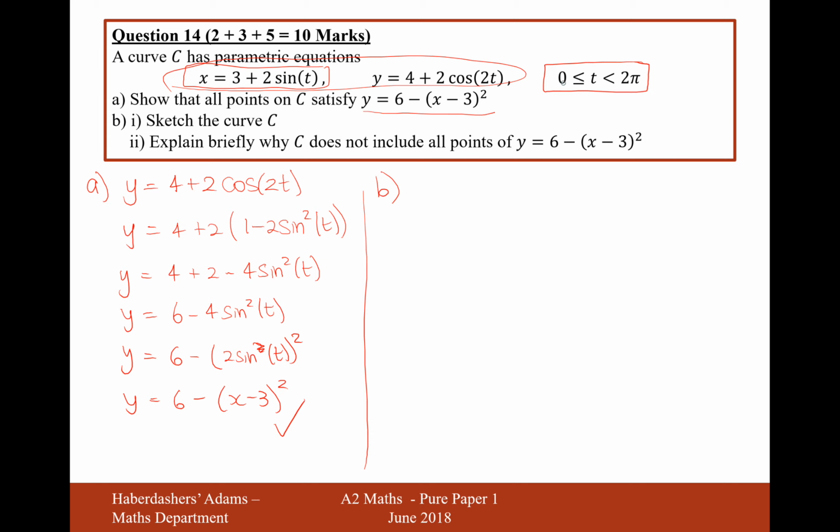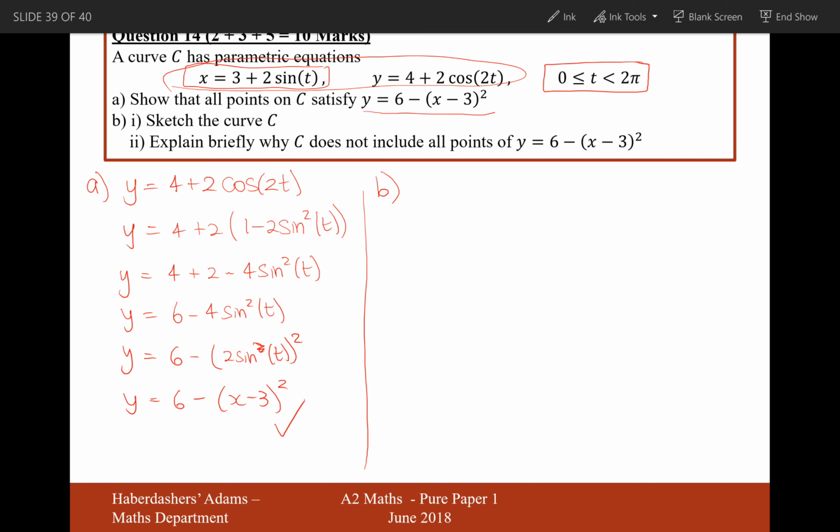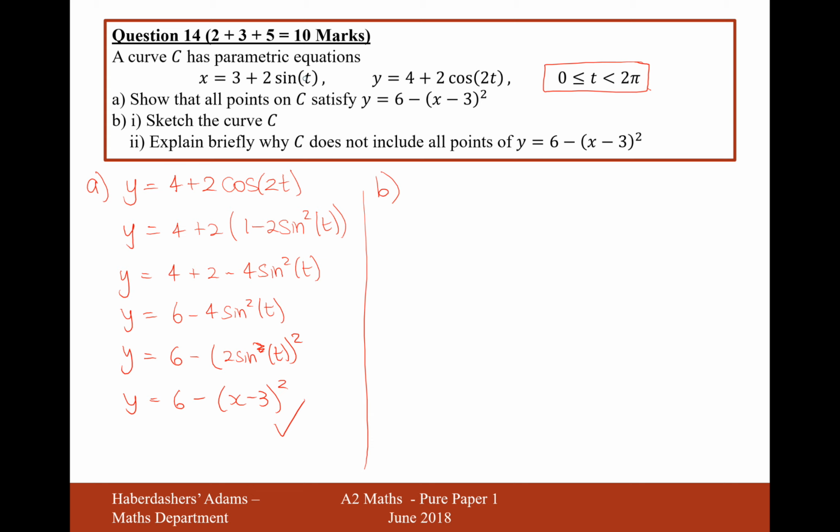So between t equals 0 and t equals 2 pi, the minimum that sine can be is minus 1. So the minimum that x can be is 1, because sine will go down to minus 1 at a minimum point.